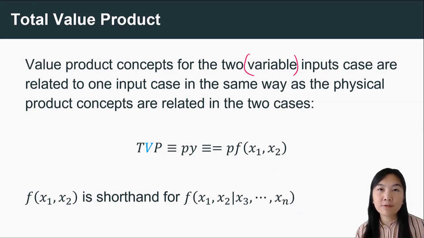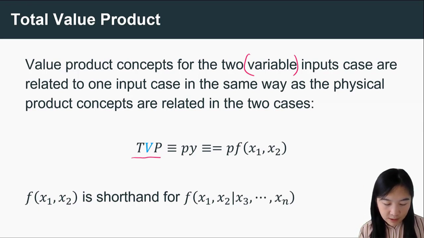So TVP for the two input case is related to the one input case in exactly the same way that TPP, APP, MPP for the two input case are related to those concepts in the one input case.